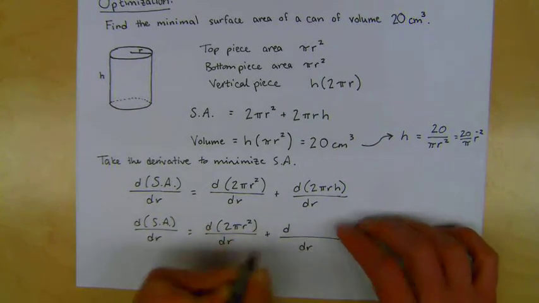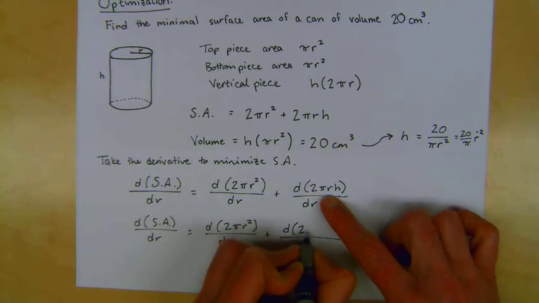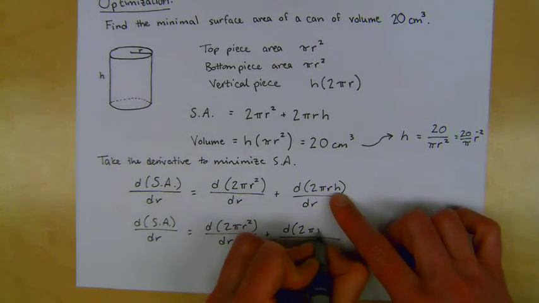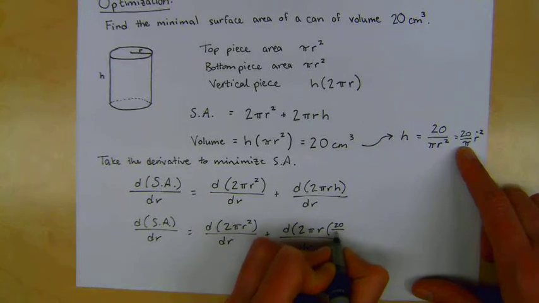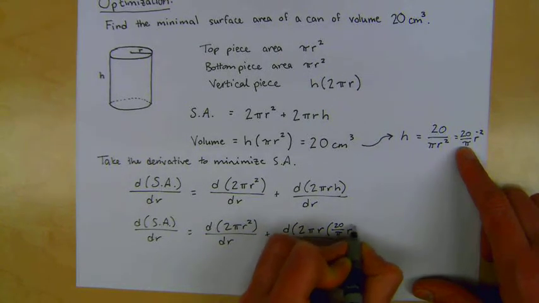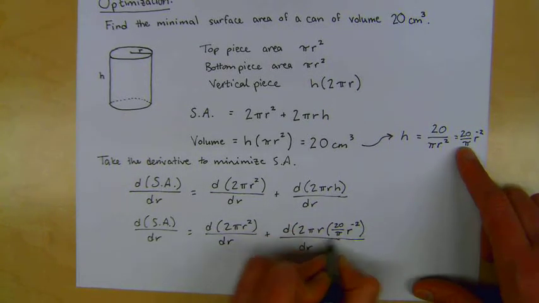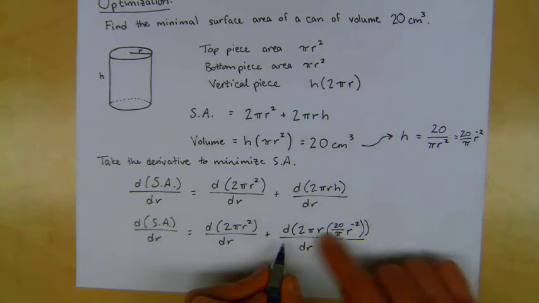I was going to do implicit differentiation, and then I realized that's probably not something that you want to see, because we'll have to use product rule and it'll end up getting pretty messy. I'm solving for h and rewriting that as 20 divided by pi times r to the negative 2. And this final term simplifies quite a bit.